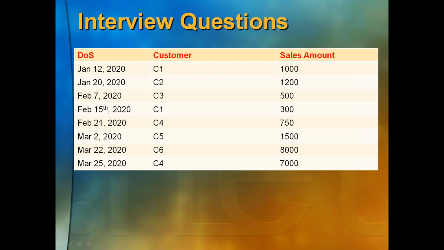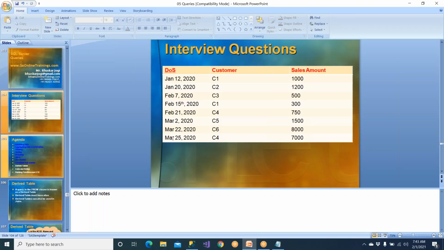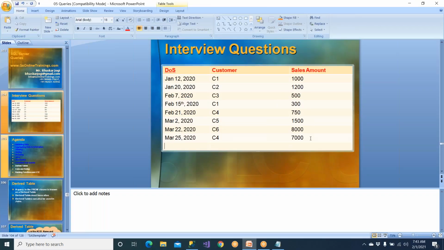In March, what is happening? In March, you get C5 and C6, and you may get C4 as well, or C1 as well. So who are the new customers? C5 and C6. Let me include one more value also. On March 26th, let us say C1 or C2 purchased some 1200 products.